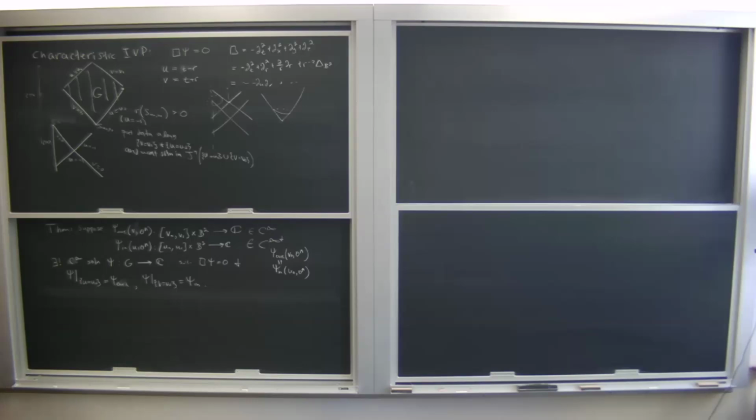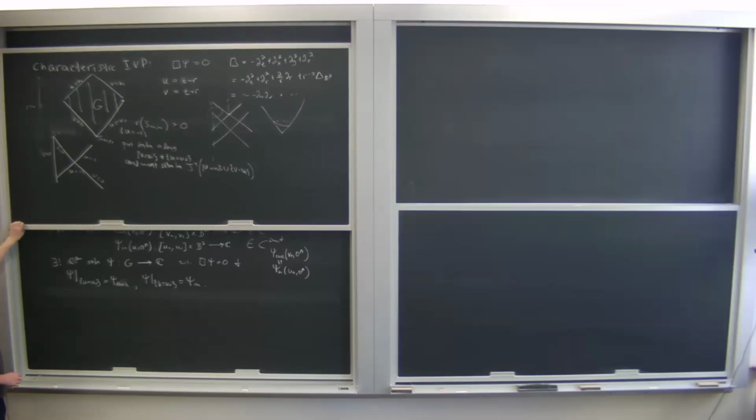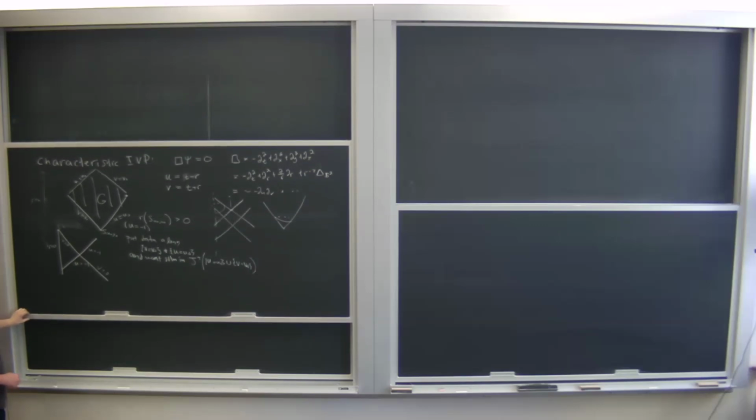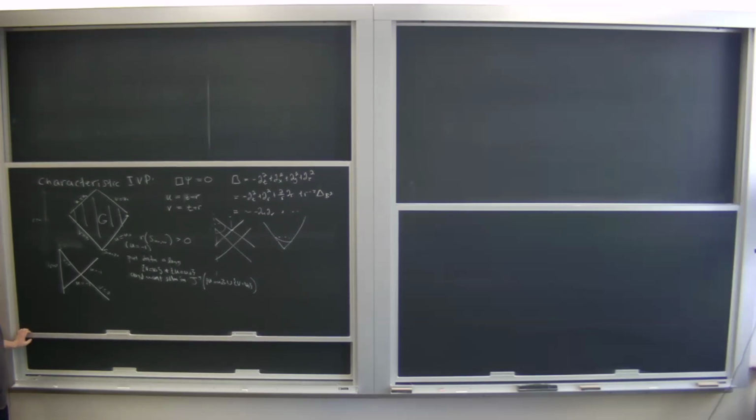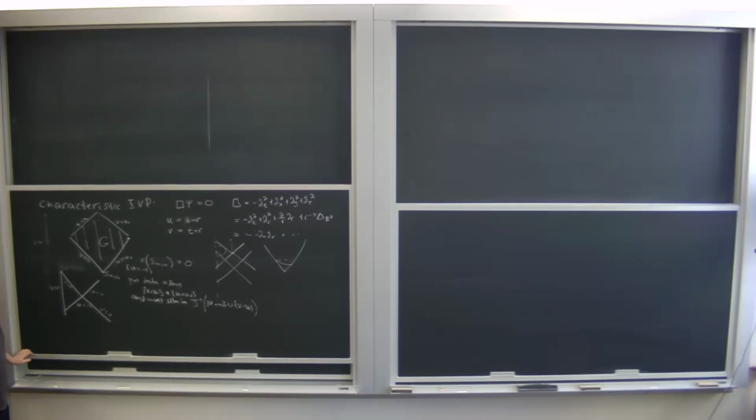I don't understand the set G. Is it far away from r equals 0? The set G, or I just mean, for the picture, it's just the domain of dependence of these hypersurfaces. I imagine G is not compact.